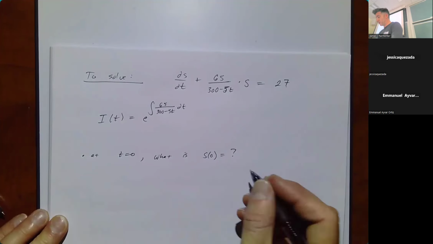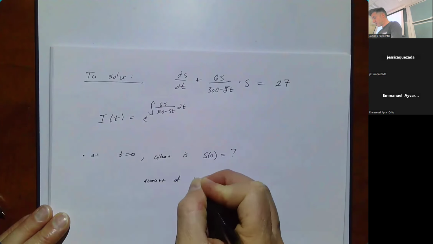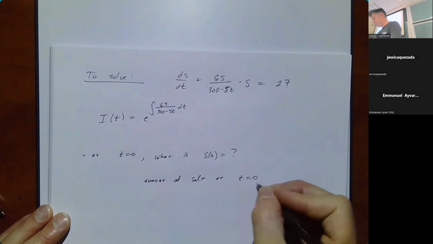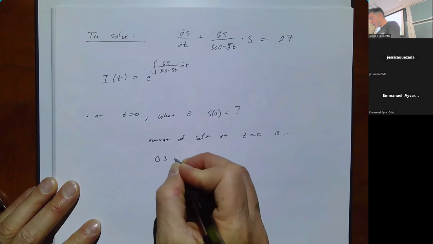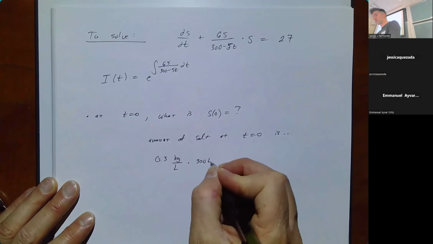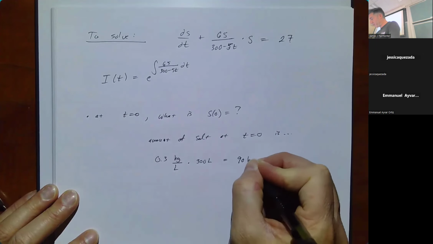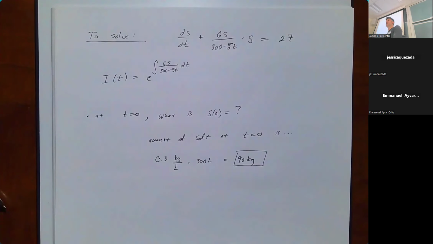So s of 0 is the amount of salt at the beginning: the concentration of 0.3 kilograms per liter times the total volume of 300 liters, which ends up being 90 kilograms of salt. That's what might make that question a little trickier than you would normally think.